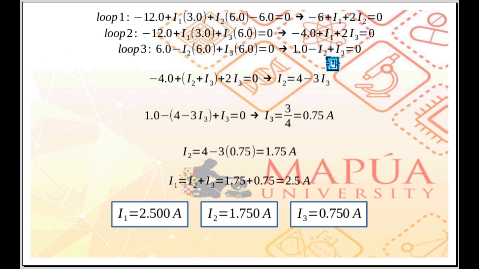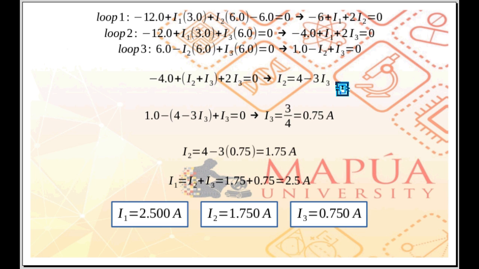Looking at the loop 3 equation and substituting the equation that we just derived into the loop 3 equation, so replacing I2 by 4 minus 3I3, we get I3 is equal to 3/4, which is just 0.75 amperes.